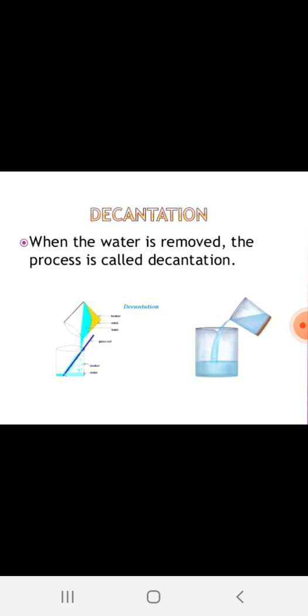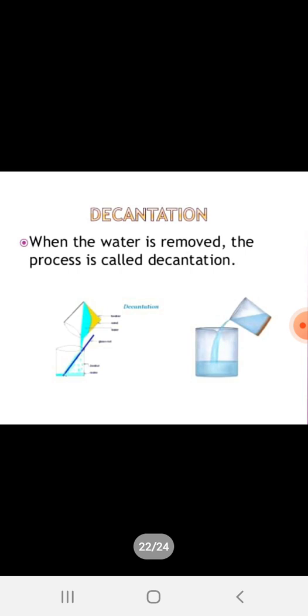As you can see in the picture, if you pour the liquid into another beaker, that means you have separated the insoluble solid and liquid by the process of decantation. So, sedimentation is the process in which insoluble heavy particles in a liquid are allowed to settle down at the bottom of a container, whereas in decantation, water is removed. When the water is removed from the beaker, that process is called decantation.